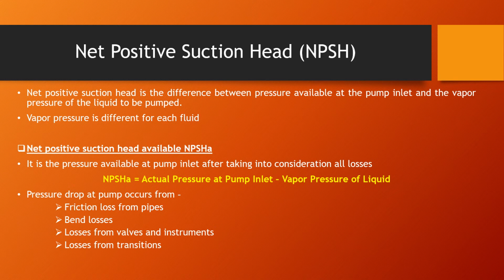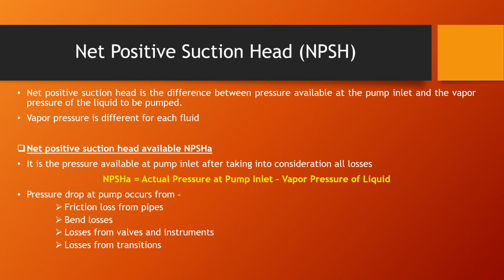Keep in mind that the vapor pressure differs from fluid to fluid. For water, vapor pressure is different. For oil or some other fluid, the vapor pressure is something else. Now, the net positive suction head available, NPSHA, is the actual pressure available at your pump inlet, taking into consideration all the losses.